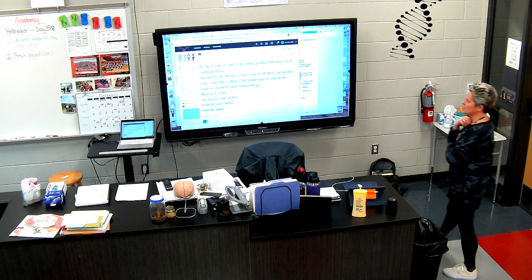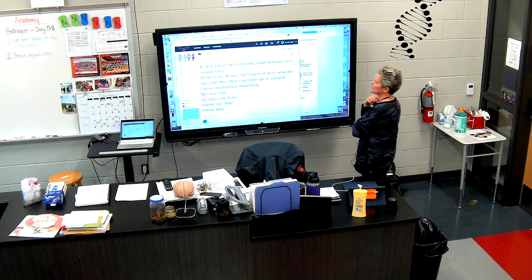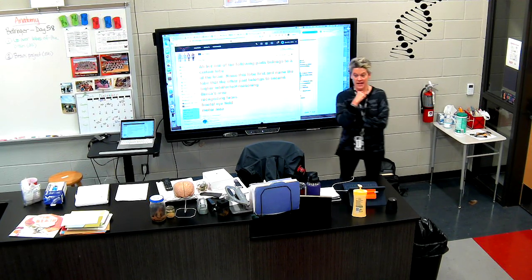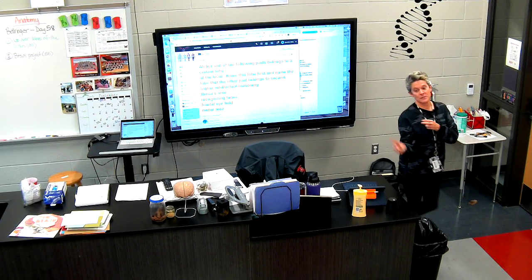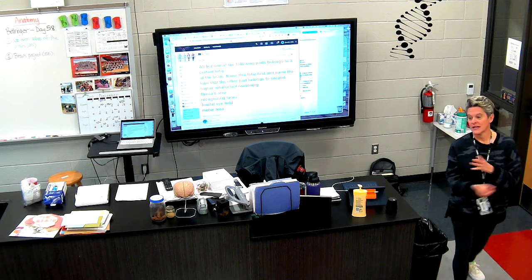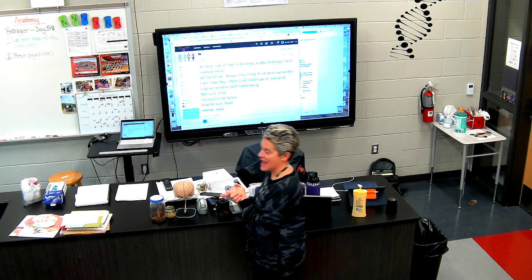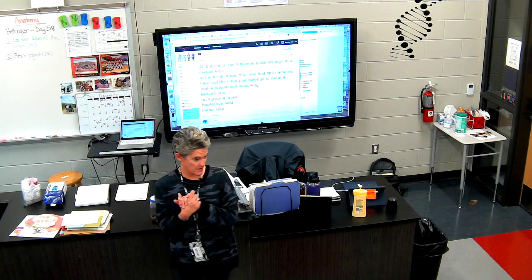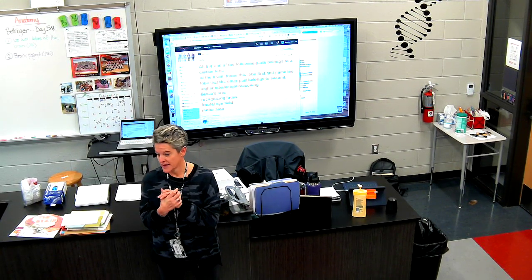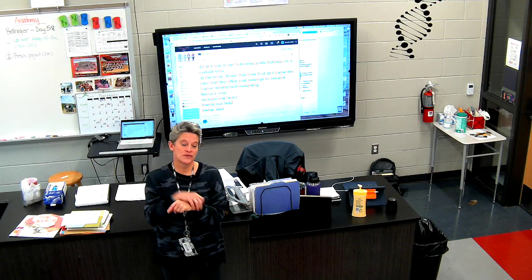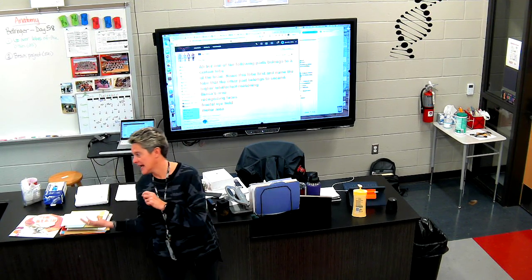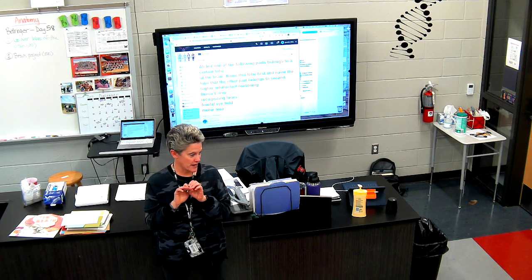All right, so we are going to go over all of the lobes today: frontal, occipital, parietal, and temporal. And then with whatever time we have left, you are going to add those to your diagrams that we started yesterday. Figure out pictures that you're going to use for the different parts and add those to your brain diagrams.